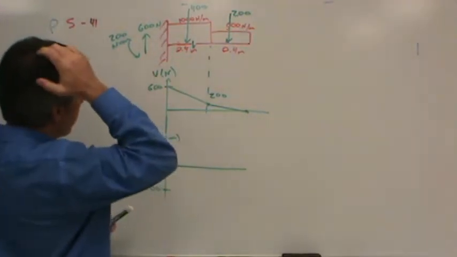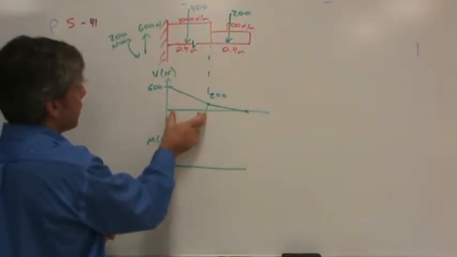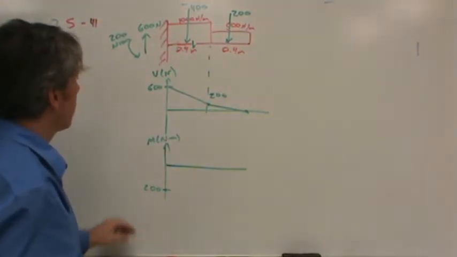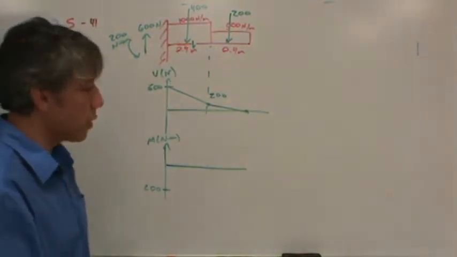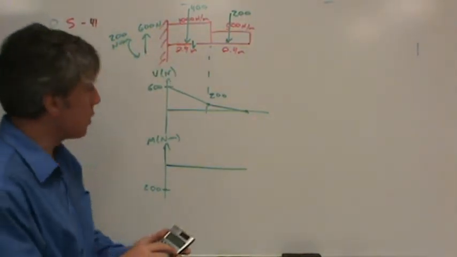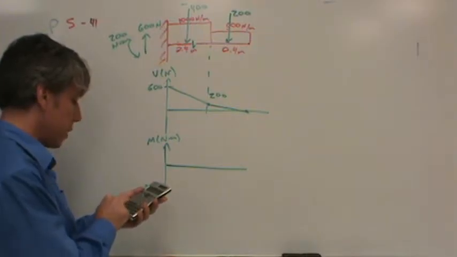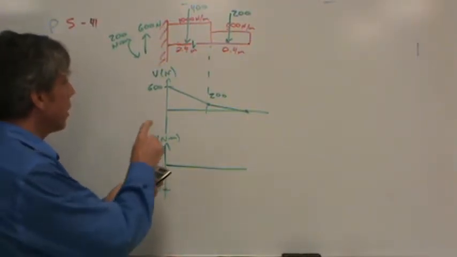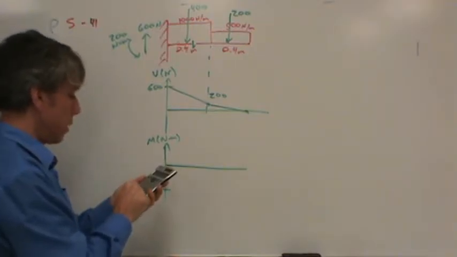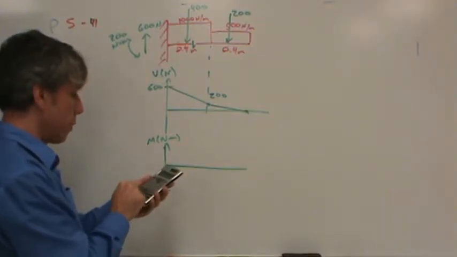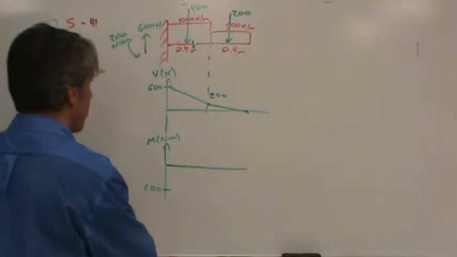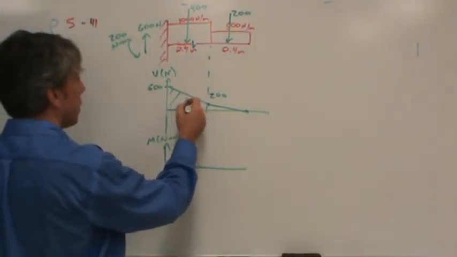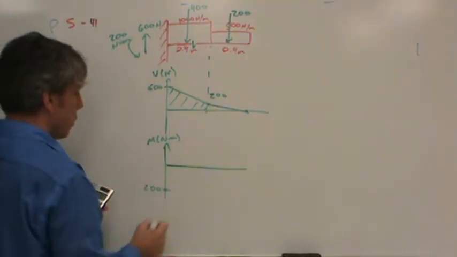The easy way to do that would be 600 times 0.4, which would be the whole thing, less this upper triangle, which would be 400 times 0.4 over 2. I should have typed that in as I said it. So 600 times 0.4 less the difference, 400 times 0.4 over 2, is 160. So this area is 160 Newton meters of moment.